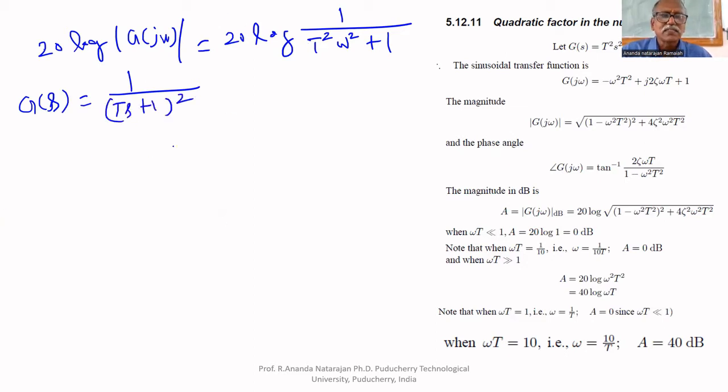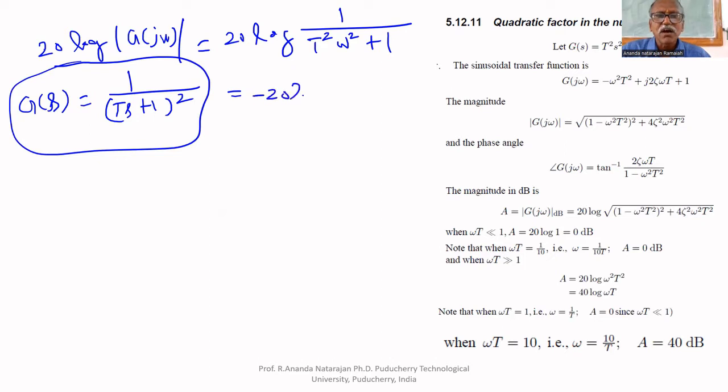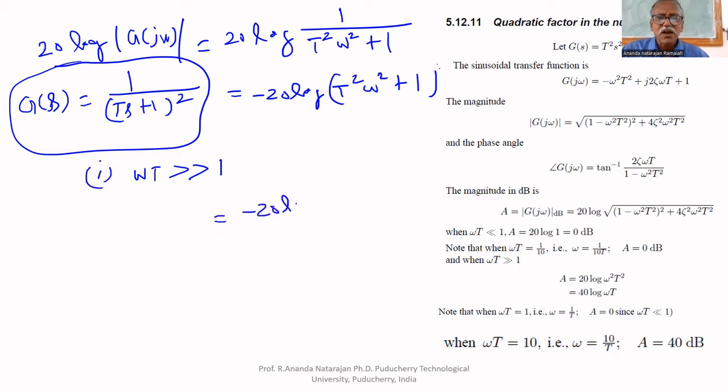This becomes minus 20 log tau square omega square plus 1. Case 1: when omega tau is far greater than 1, this is minus 20 log tau square omega square, that is minus 40 log omega tau, bringing the square out.